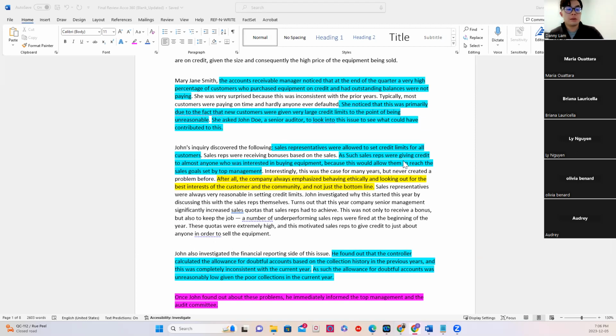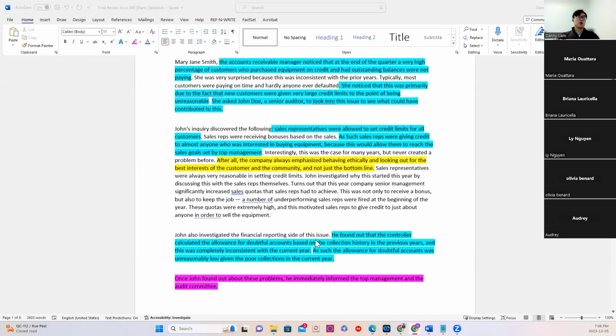How about the fact that they saw that there was an issue, right? And they said, okay, we're going to hire an auditor. Yeah, the last sentence in the second paragraph. She asked John Doe, the auditor, to look into the issue. Yeah, so it's information communication, so it gets transmitted, but who says, John, you've got to do this?